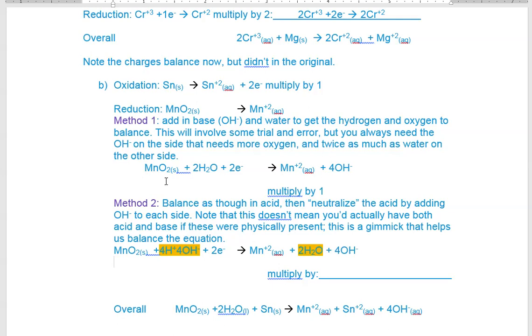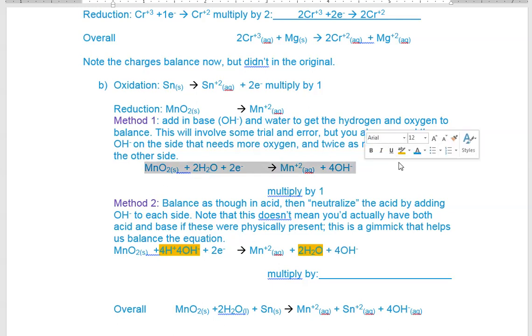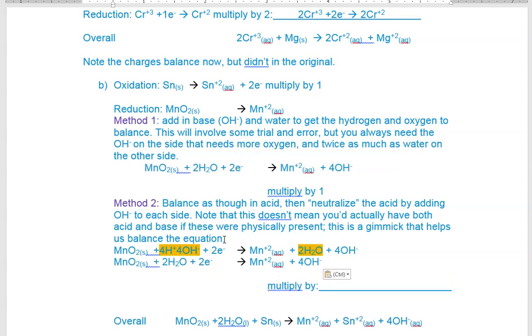So we get left with the same equation that we had up here. Right? We cancel out those 2 waters. We're left with 2 waters on this side and no water on that side, and 4 hydroxides. So it's another way to get to the same place. We still end up saying, oh, we've got 2 electrons in our oxidation, 2 electrons in our reduction, multiply by 1 and add them to get the overall equation.